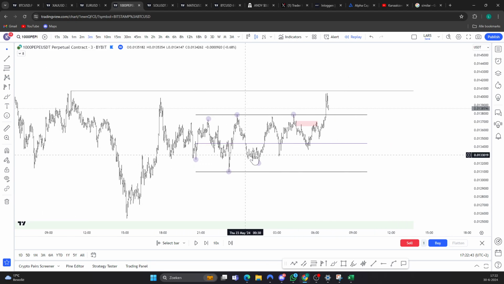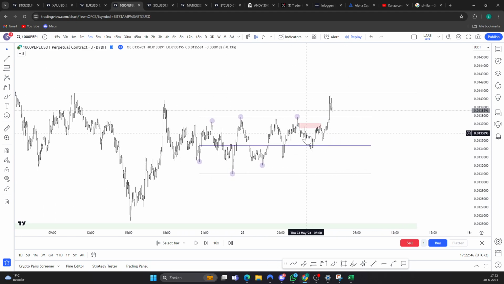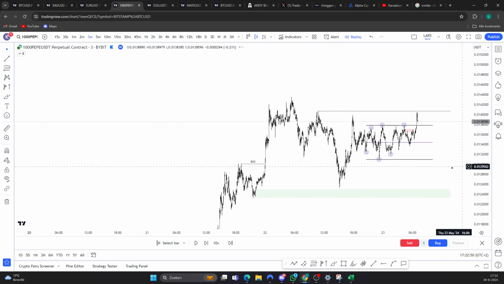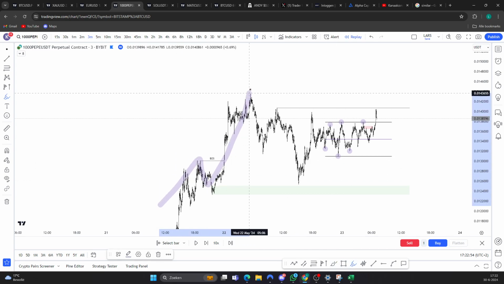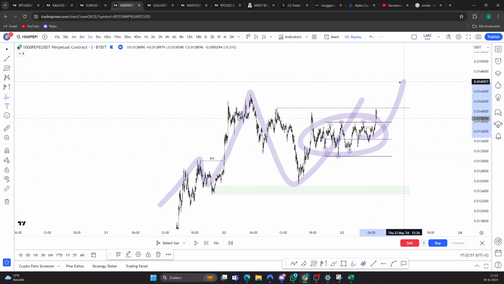So just because we had that accumulation here, I was kind of hesitant to just target this low, especially because we're in a massive uptrend, right? Where every range can just break towards the upside very easily.